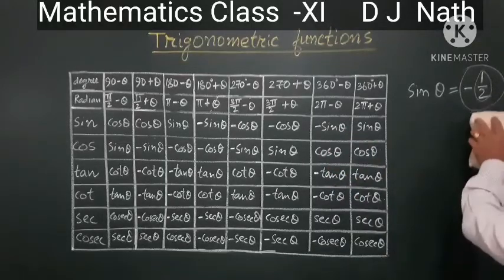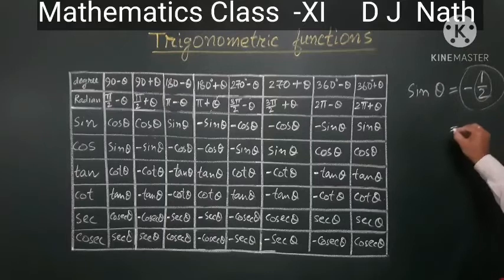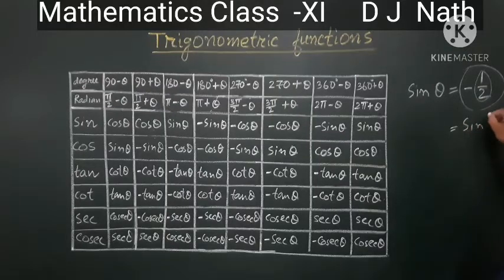So minus sin theta can be written as sin of 180 degrees plus 30, or it can be written as sin of 360 minus 30.